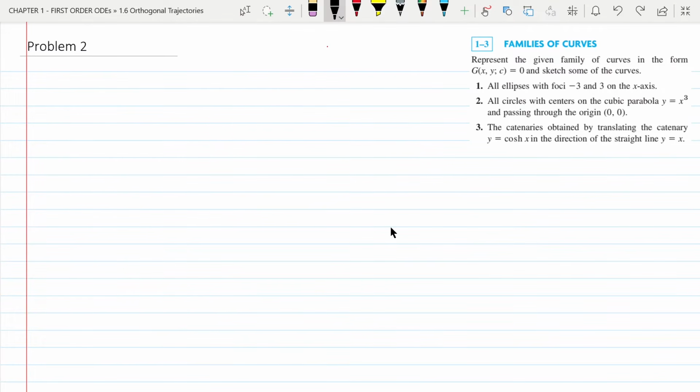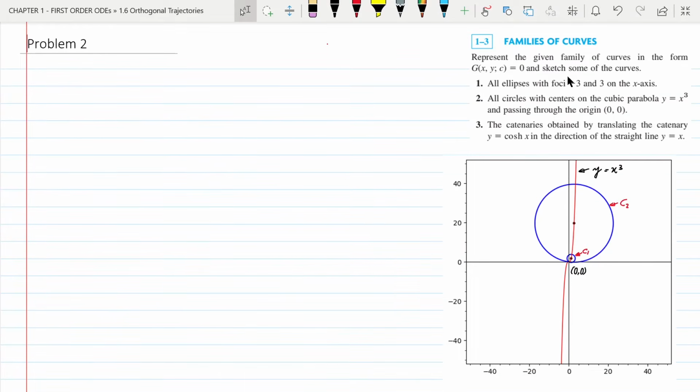Problem 2. Now we have to draw the family of curves for all the circles with centers on the cubic parabola y equal to x cube and passing through the origin 0, 0. So let us look at the diagram. You can see here the circle C1 passes through the origin 0, 0 and has center on this cubic parabola, which is y equal to x cube.